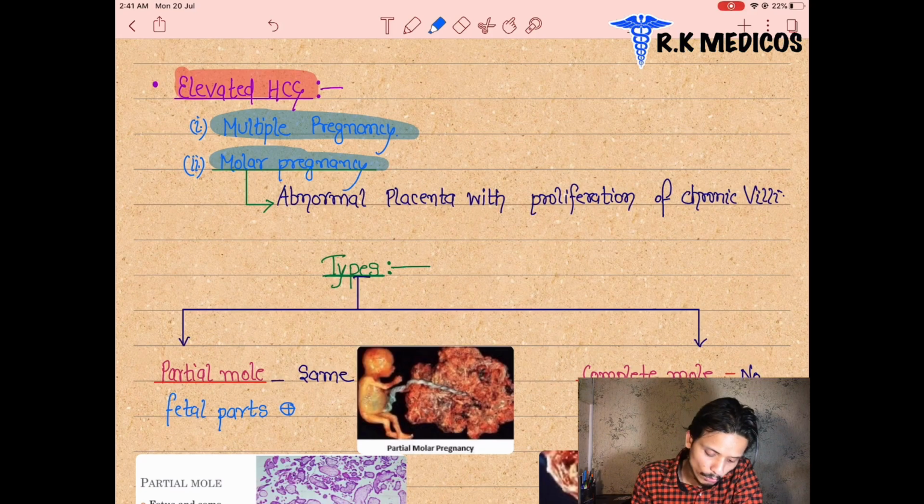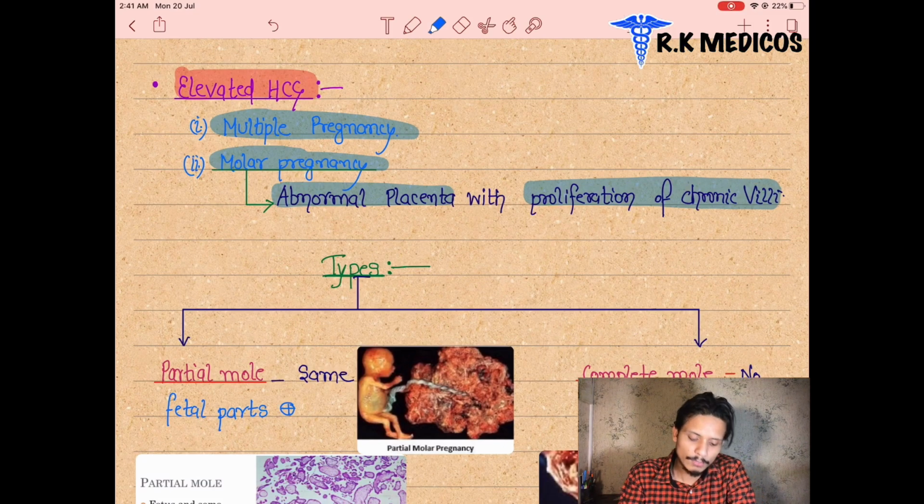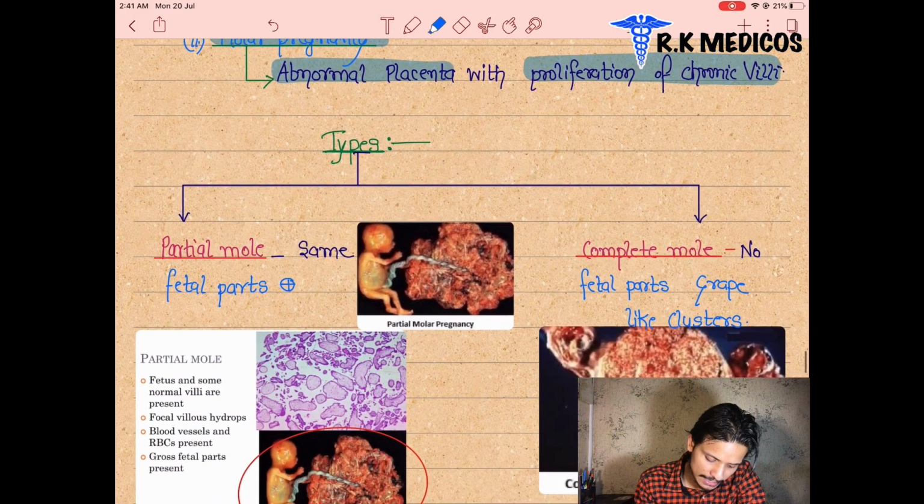Multiple pregnancy you understand, but a mole is an abnormal growth of the placenta, an abnormal placenta with proliferation of chorionic villi. We discussed chorionic villi just after this, so I'm not going into detail now. There are two types of molar pregnancy: a partial mole or a complete mole.